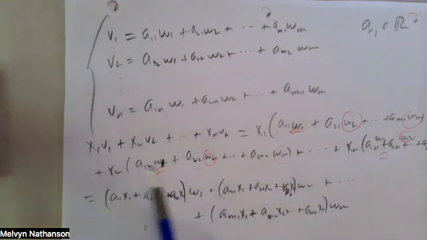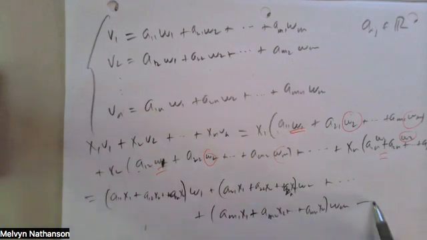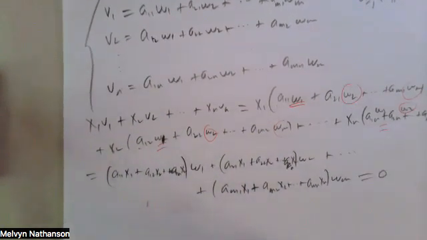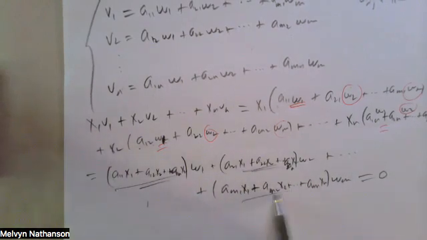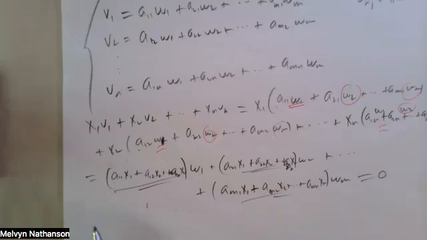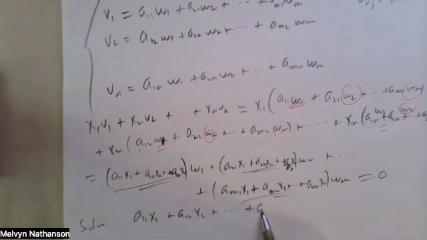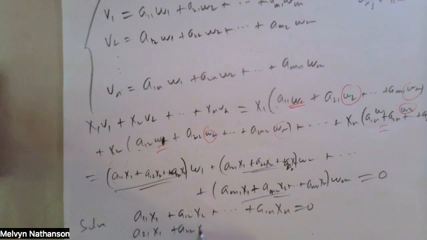And again, we want to know if we can find x's not all zero such that this is equal to 0. And this will be 0 if all of the coefficients are 0. So we try to solve the system of homogeneous equations, a11 x1 plus a12 x2 up to a1n xn equals 0. a21 x1 plus a22 x2 up to a2n xn equals 0.